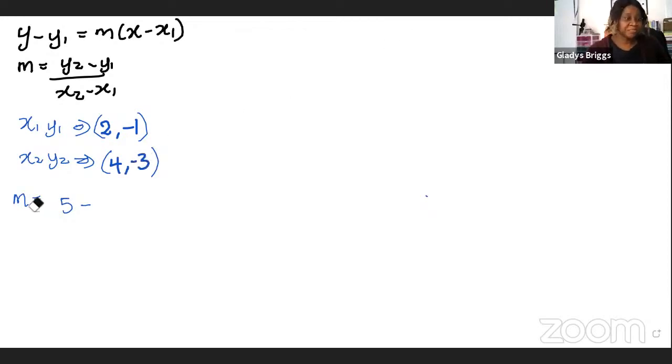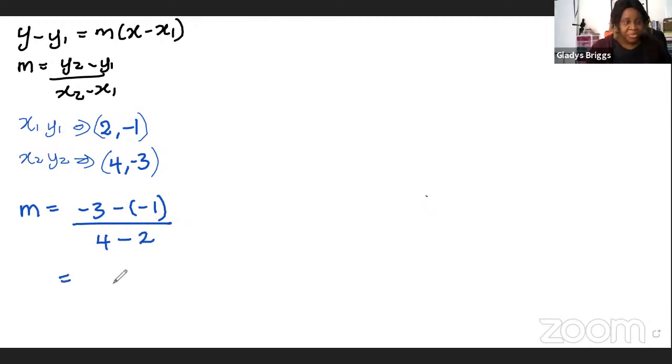Okay, let's do it. m would be equal to y2, which is -3, minus y1, minus -1, over x2, 4, minus 2. And that would be equal to -3 plus 1 over 2, which is what? -3 plus 1 is -2 over 2, which is equal to -1.